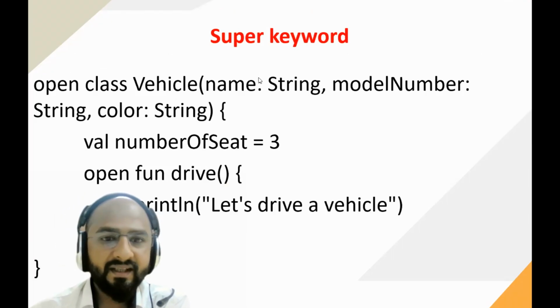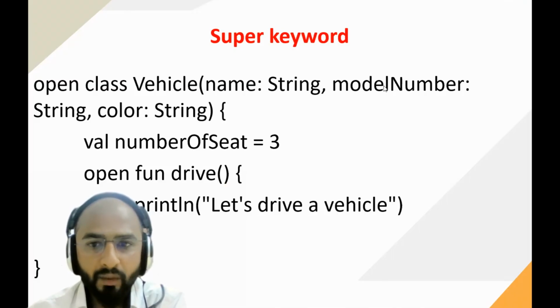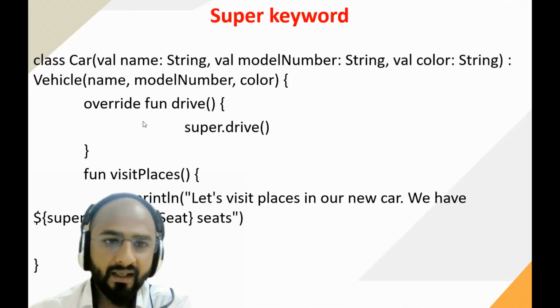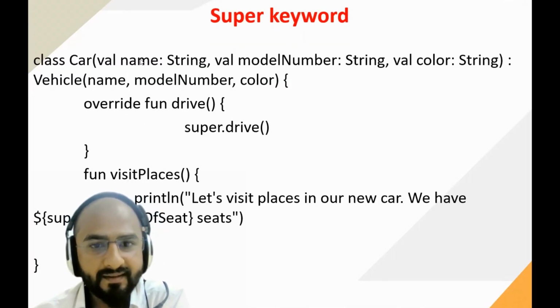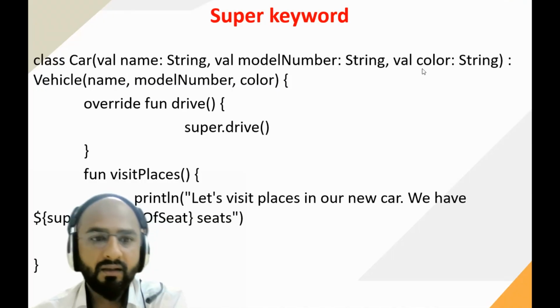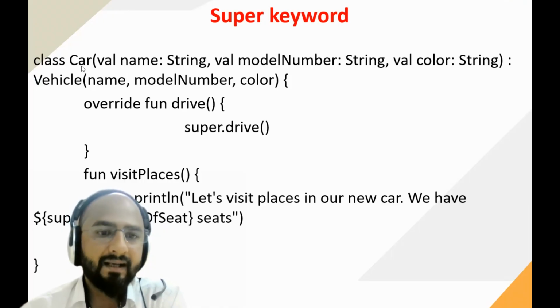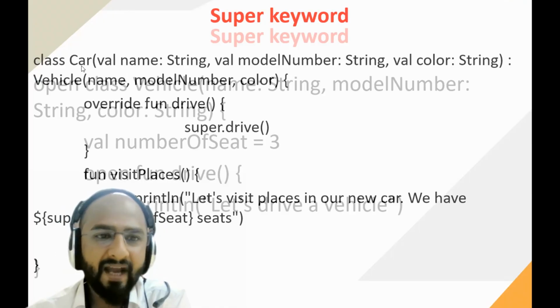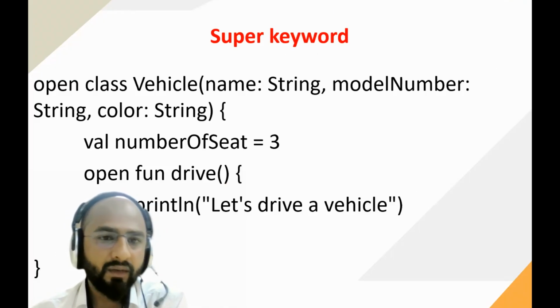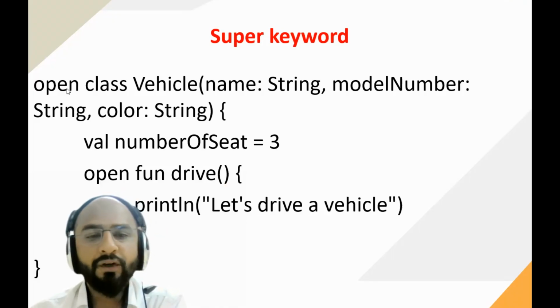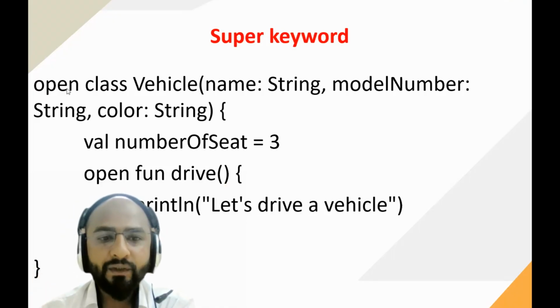You can see in the Vehicle, there is a name, model number, and color. And in the child class also, there is a name, model number, and color. And I am inheriting the Vehicle class into my Car class. It is possible. Why? Because we have opened that particular Vehicle class. By default, it will be final. You need to make it open.